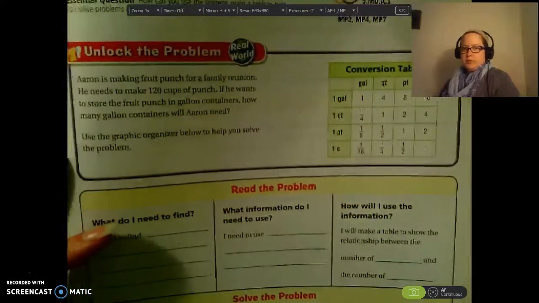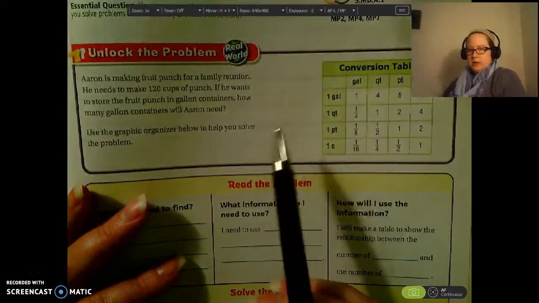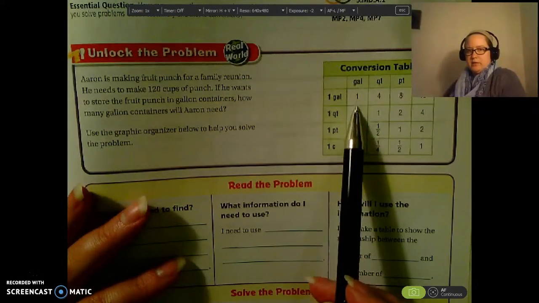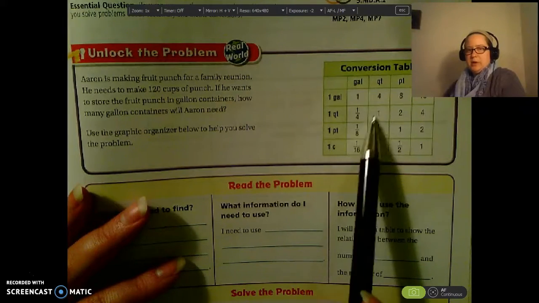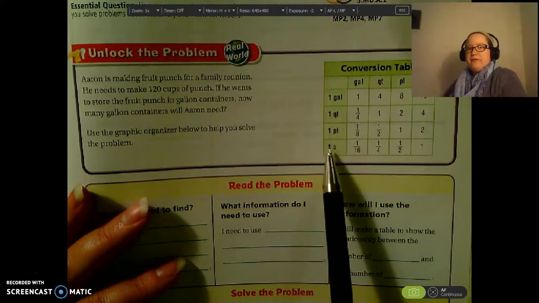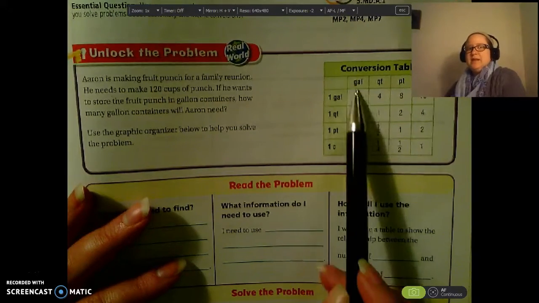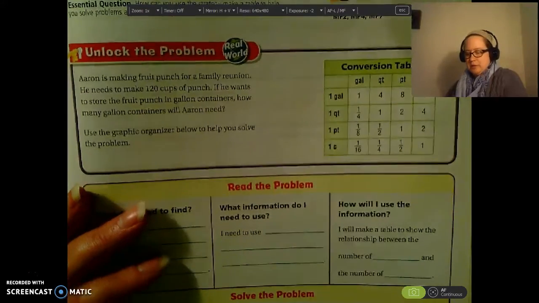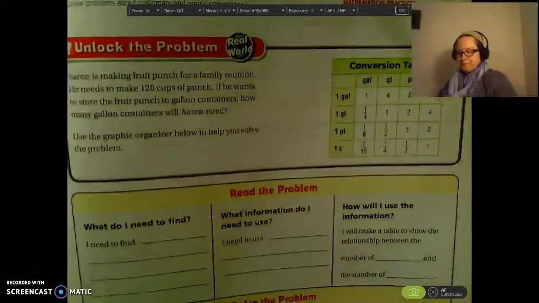What it's showing here is that for every cup, we have 1/16 of a gallon. So we're going to need that information in order to help us solve this.